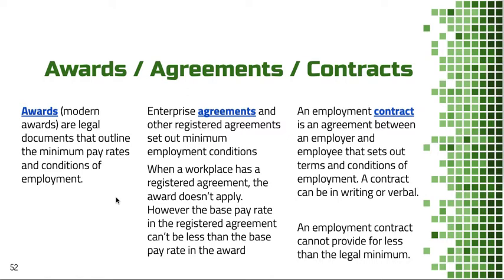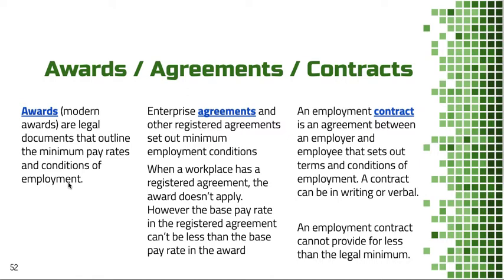We then have this area here on awards, agreements, and contracts. Now, when you are employed by a company, there are minimum amounts that they can pay you, and there are minimum conditions of your employment that you must be given. For example, if we think of an award, the award is the top level. It is the very basic conditions of employment and minimum amounts of pay that anyone can be paid in any industry in Australia.